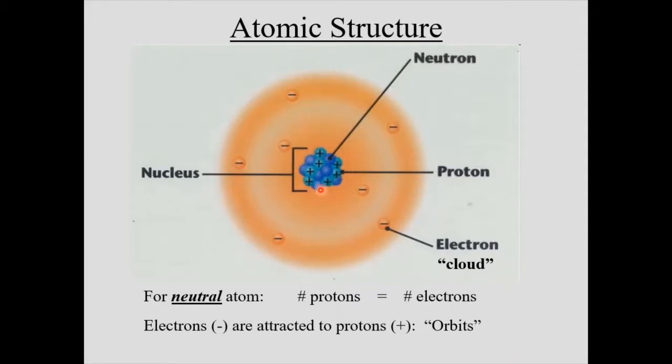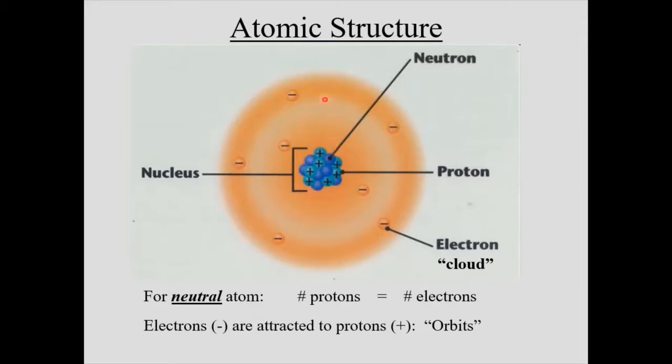And the nucleus contains neutrons and protons. And the protons are positively charged particles, and the neutrons are neutral. They have no charge. That's why they're called neutrons. And by the way, we are going to study the properties of the atomic nucleus in the next chapter. That will be the topic of our next chapter in the course, nuclear physics.